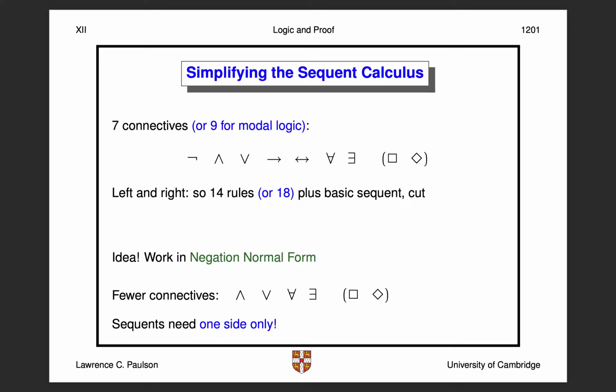But if you look at the sequent calculus rules for these logical connectives here, or indeed also the modal box and diamond, none of those rules move a formula from one side of the sequent arrow to the other. That means if you begin with a sequent that has formulas only on one side, then the rest of your proof will consist entirely of sequents of the same form, that is, with formulas always on the same side. That allows us to throw away a further half of the remaining rules.